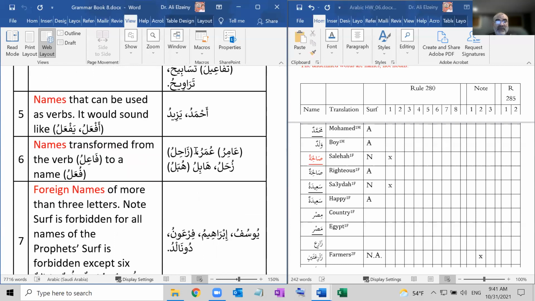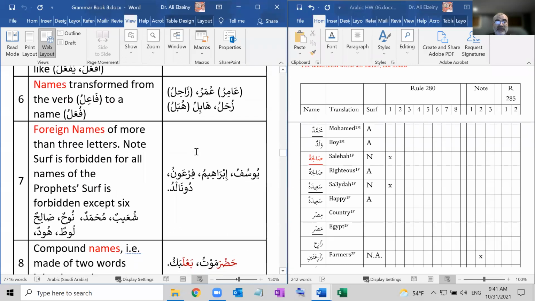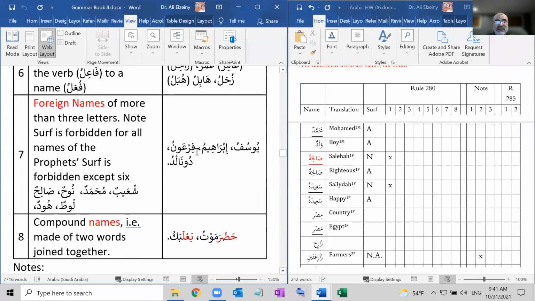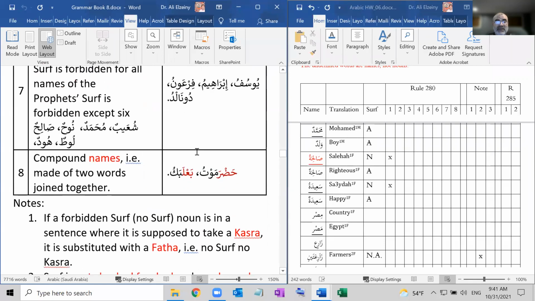Is it a name transformed from a verb? No, it doesn't have any verb or anything like that. Is it a foreign name? No, Muhammad is not a foreign name. Is it a compound name made of merging two words together? No, it's not. Therefore, its sarf is allowed.